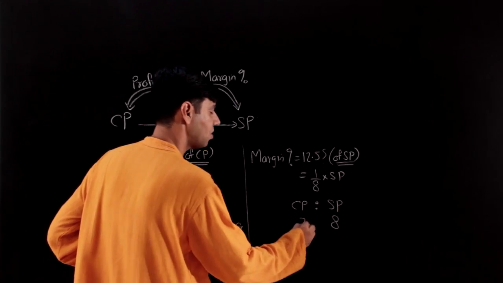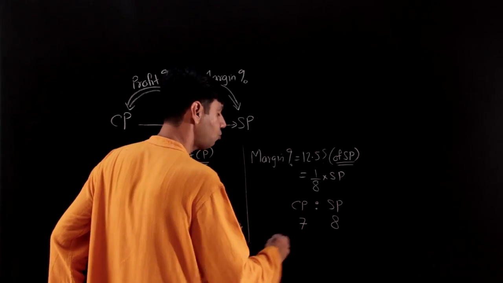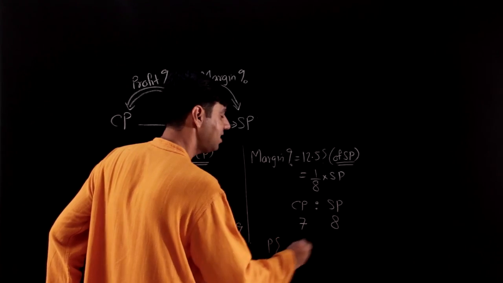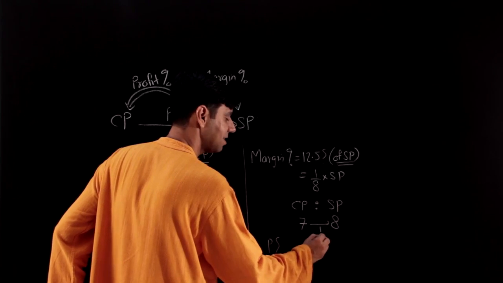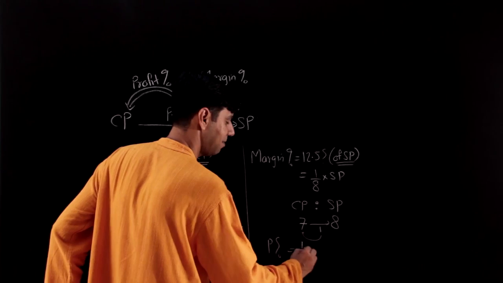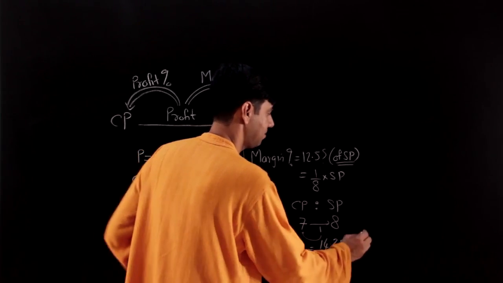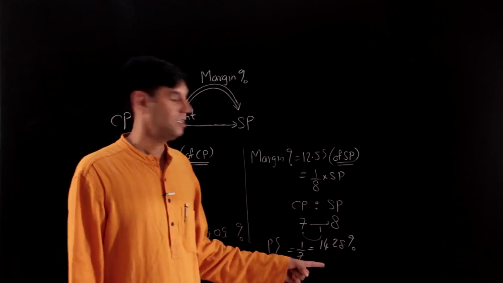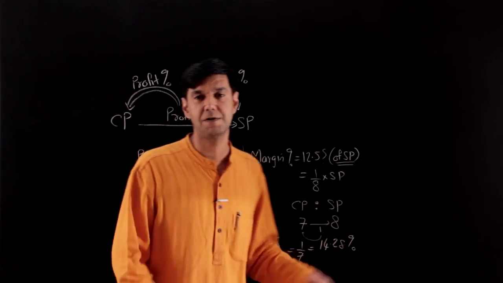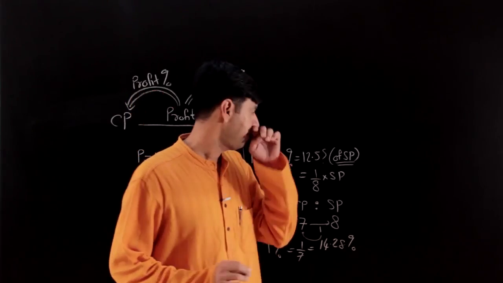So moving backwards, the cost price is 7. And now to calculate my profit percentage, the 1 has to be expressed as a percentage of cost price, which is 1 by 7, 14.28% is my profit. Right? Again, numerically, margin will be less than profit percentage, provided there's a profit involved, right?